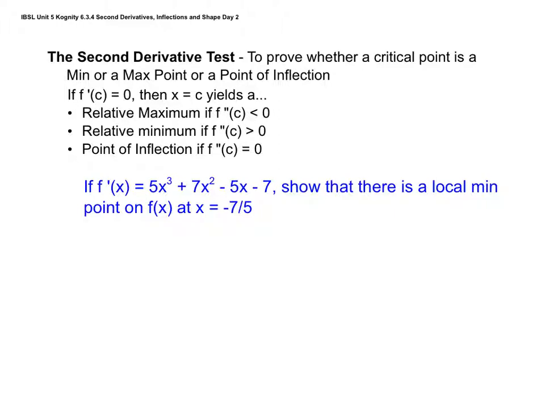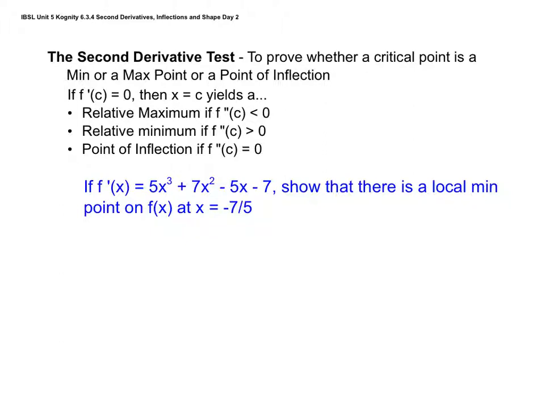But then the second thing you needed to do was show one of two things. You could either use the first derivative test, which said that if your first derivative changes from positive to negative, that means the function changes from increasing to decreasing, so you have a local max. And if it changed from negative to positive, your function was changing from decreasing to increasing, which means you had a local min. That was one way of doing it.